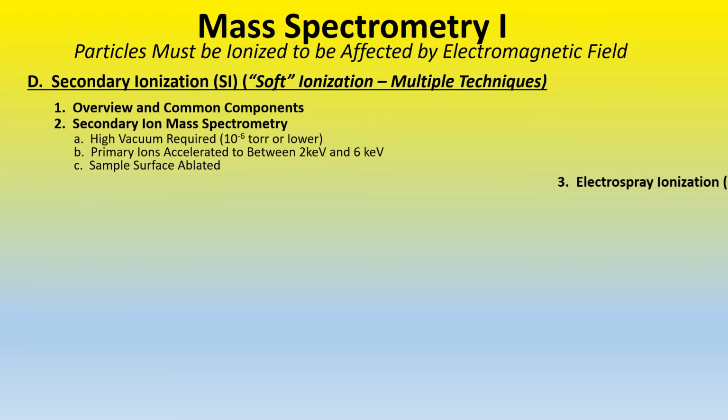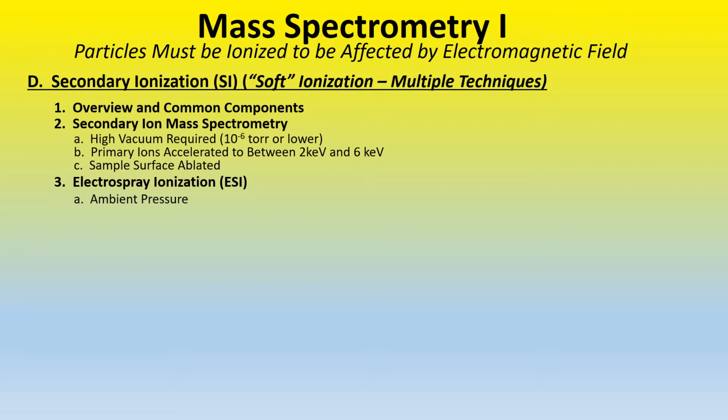More gently, you have what is called electrospray ionization, or ESI. This occurs at ambient pressure. In this case, a solvent is forced through a capillary to turn into an aerosol, and the solvent is ionized, and it is accelerated to the target sample.